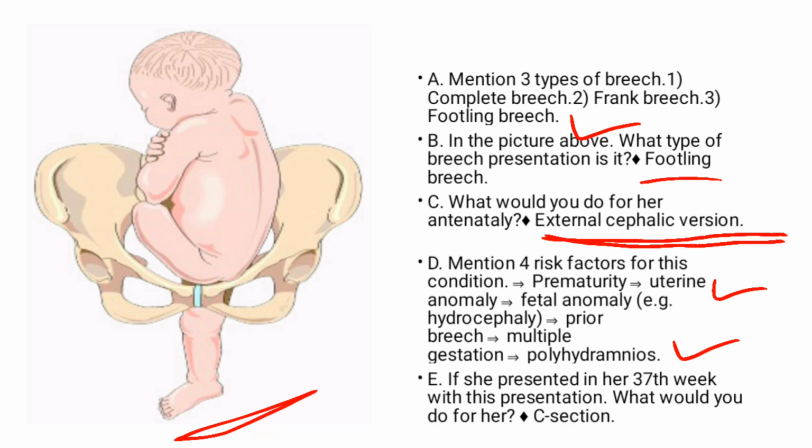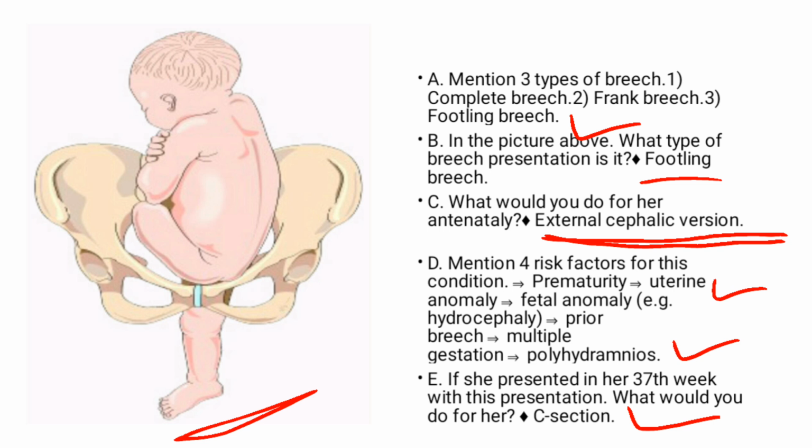So if she presented in her 37th week with this presentation, what we would do for her is of course the cesarean section. But of course, like I said, literature and practice are two different things. So if she presented in her 37th week with this presentation, we're going to do a cesarean section because it's a footling breech.